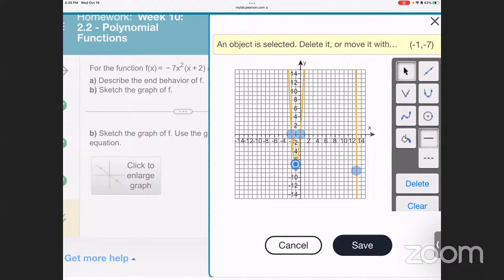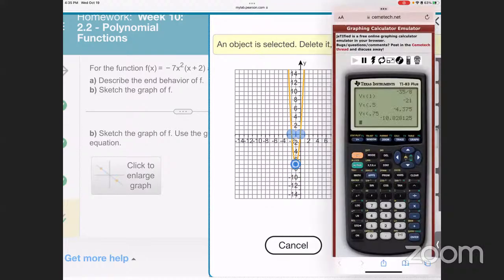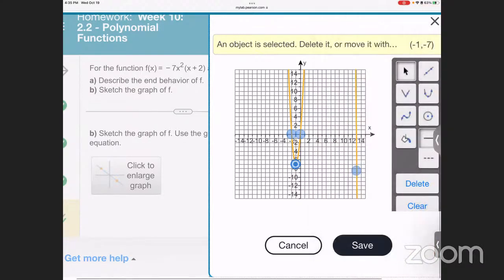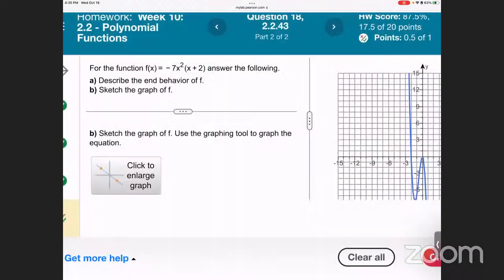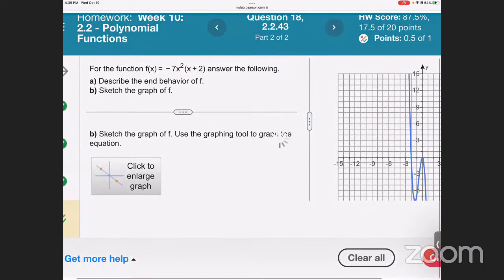Like if X is a half, let me see, is that the same one? I kind of wanted something different. It's -7x squared, x plus 2. Let me just do a similar one until we get that to change. Because the whole point was that was supposed to be different. Let me hit save and check. It's the right form, but again, it's just because we can't get to that final point.